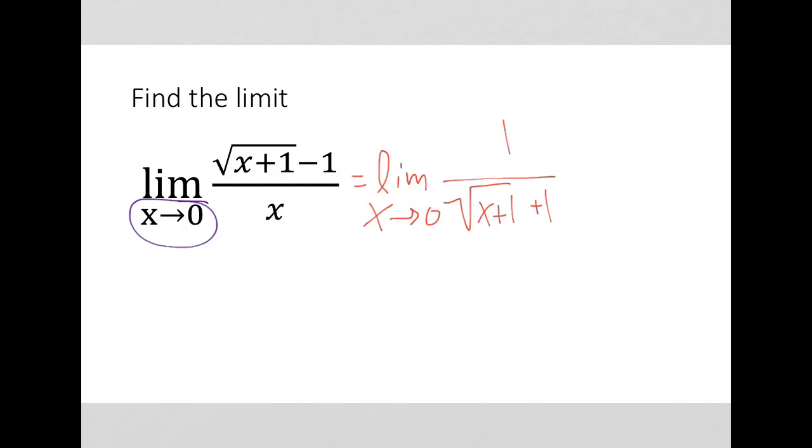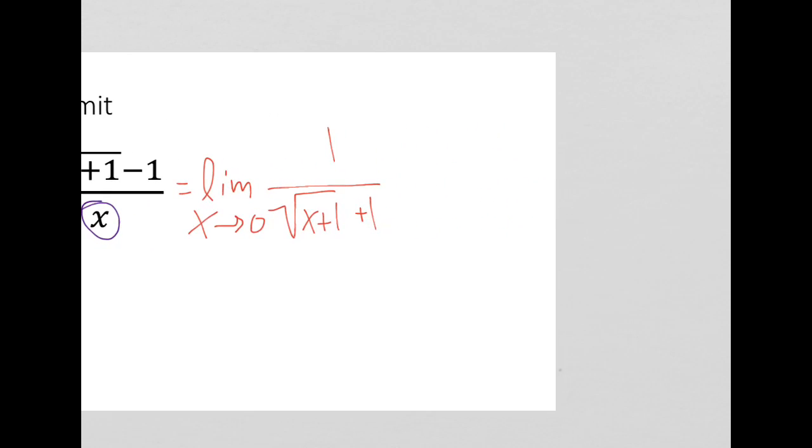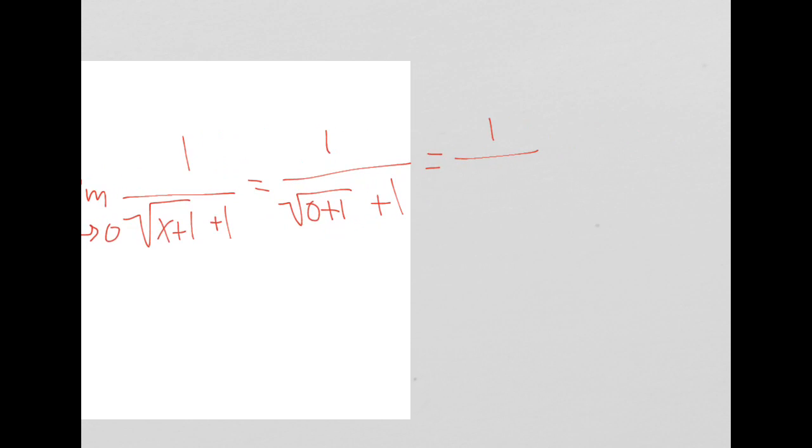Our limit is going to 0, so we cannot just directly substitute 0 in because that denominator would equal 0. But now that we've taken that hole out, 0 no longer makes our denominator equal to 0. So we can directly substitute in to get 1 over the square root of 0 plus 1, which is going to simplify to 1 over the square root of 1, which is just 1, plus 1. So we get 1 half.